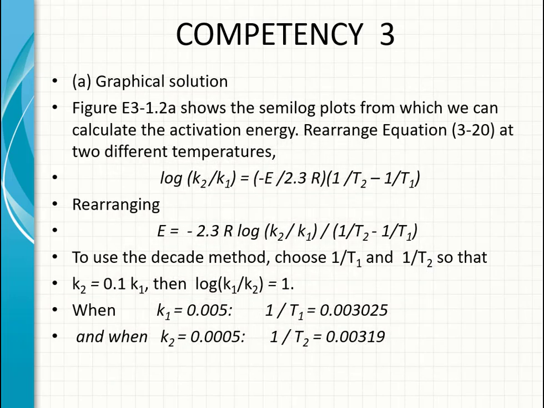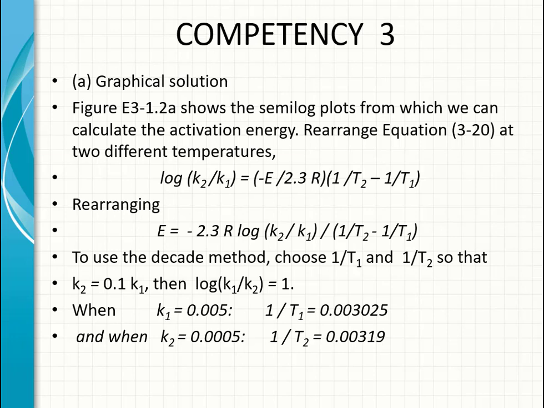And here we have the graphical solution. Figure E3/1.2a shows the semi-log plot from which we can calculate the activation energy. We rearrange the Arrhenius equation at two different temperatures.